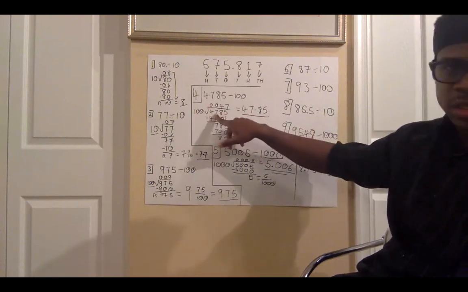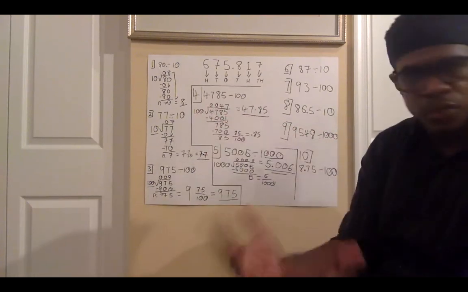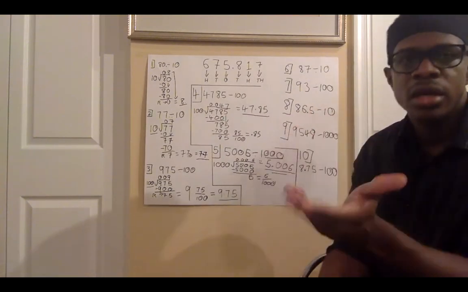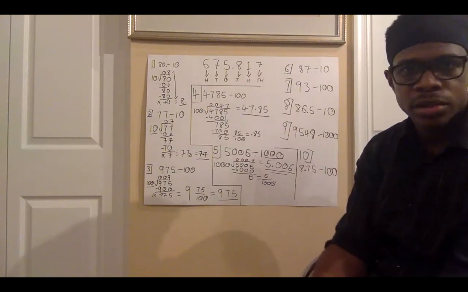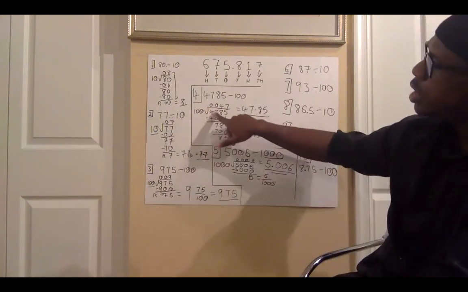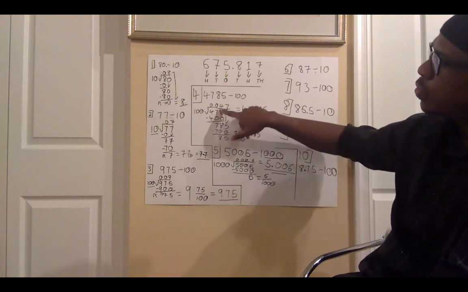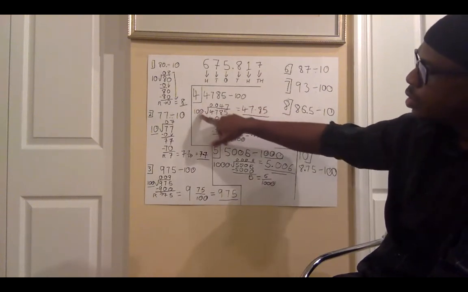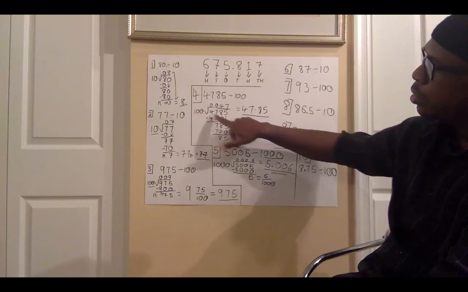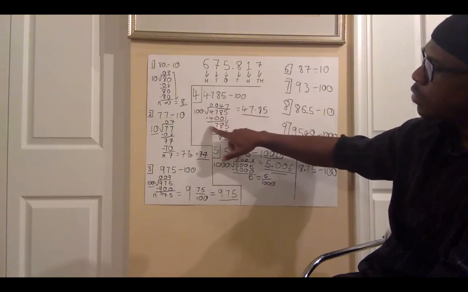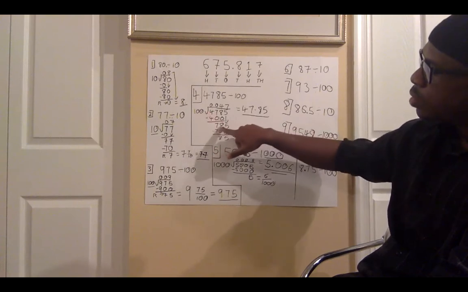100 can go into 47 0 times. 47 people is the capacity of the house, 100 people want to enter. Can they enter? No, it's not enough space. But into 478, 100 can go 4 times. 4 times 100 is 400. You subtract: 8 minus 0 is 8, 7 minus 0 is 7, 4 minus 4 is 0. You have 78.